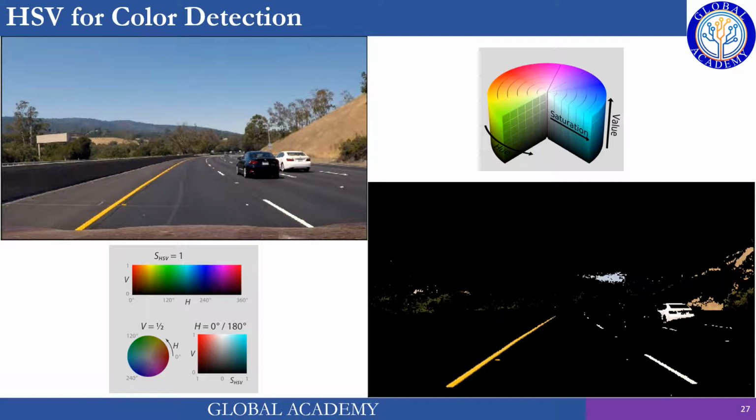So applying the yellow and white mask, we got this image, a binary image with some colors. It's not a binary image, by the way, it's a mask image.